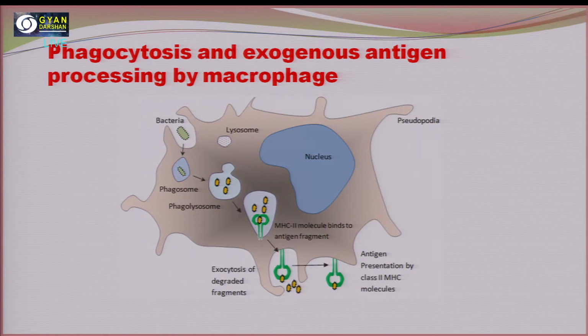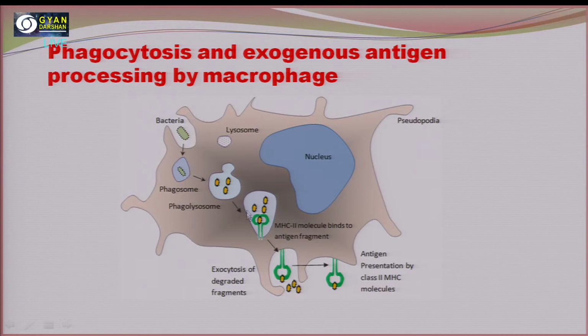And you can understand here the phagocytosis and exogenous antigen processing by the macrophages. How can an exogenous antigen be processed by the macrophage? Here is the bacteria. It will be engulfed and form the phagosome, and then it will attach to the lysosome. A phagolysosome forms.